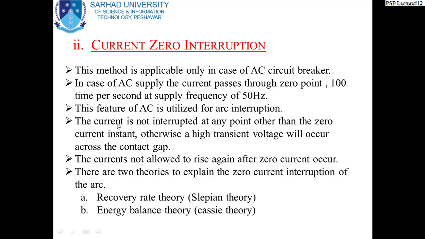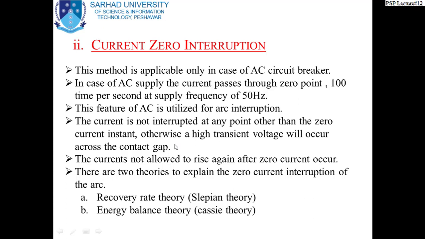by any artificial means, it means that di by dt will be very high. The current gradient will be very high. And the voltage appearing across the inductive part of the circuit is VL = L di/dt. So if di/dt is very high, then of course a very high voltage may appear across all the insulating points.